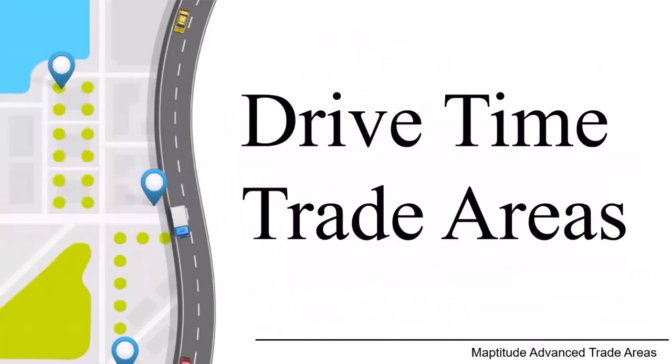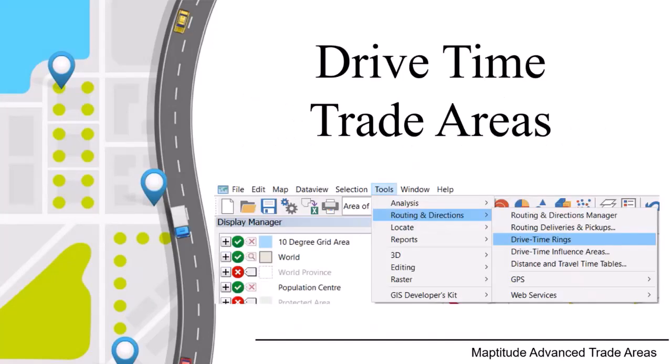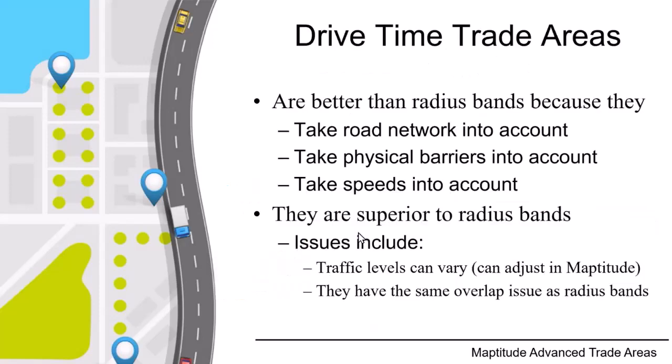Okay, now there's another thing, which is a drive time trade area. Let's start off with just what is a drive time. Maptitude does it under routing and directions, drive time rings. And drive time trade areas are better than Thiessen polygons because they take the road network and physical barriers and speeds into account.